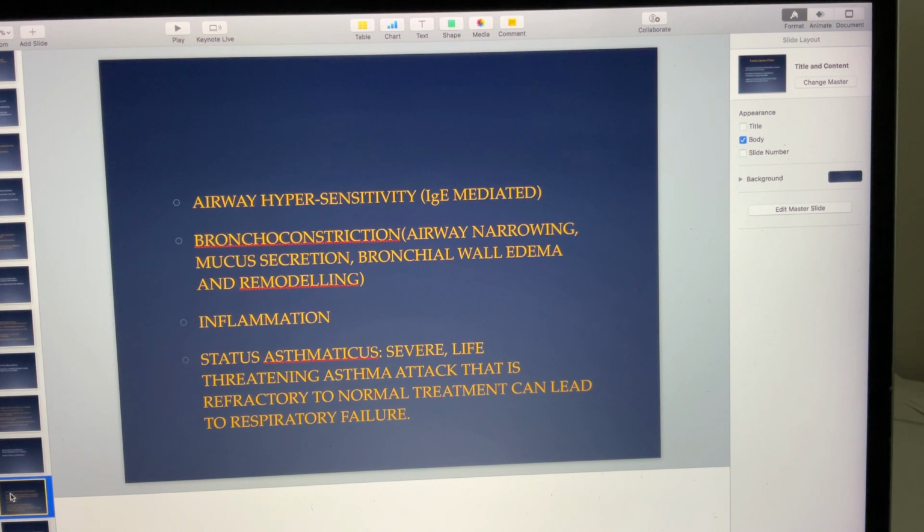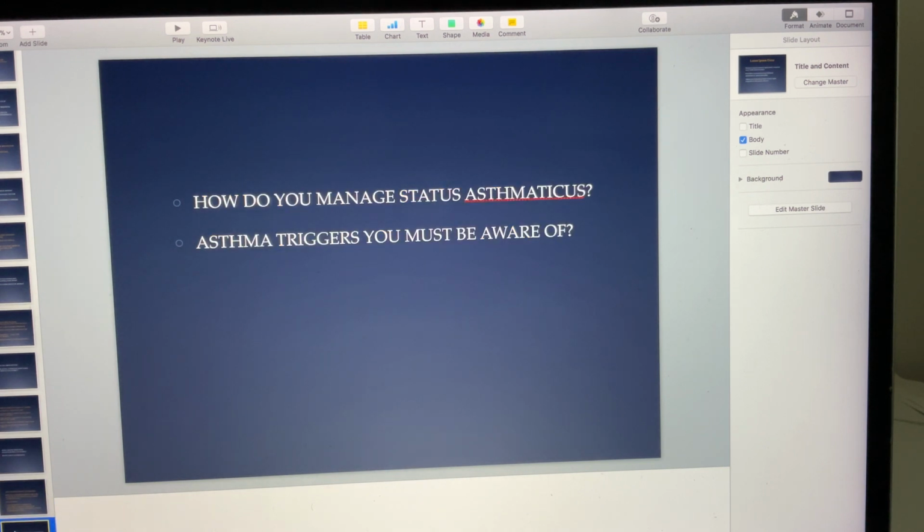Status asthmaticus is a severe life-threatening asthma attack that is refractory to normal treatment. You've done all these things and it's still happening, and it's very severe, and this can lead to failure of the respiratory system. How do you manage status asthmaticus? And what asthma triggers do you need to be aware of?